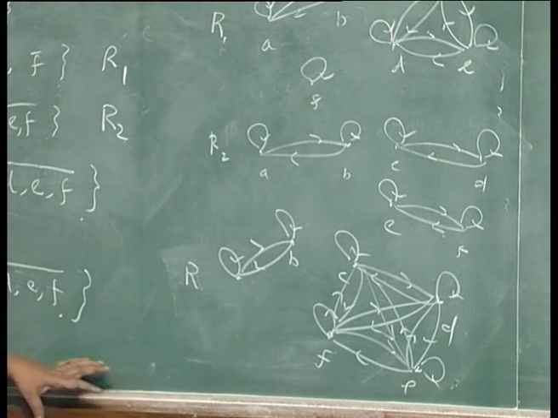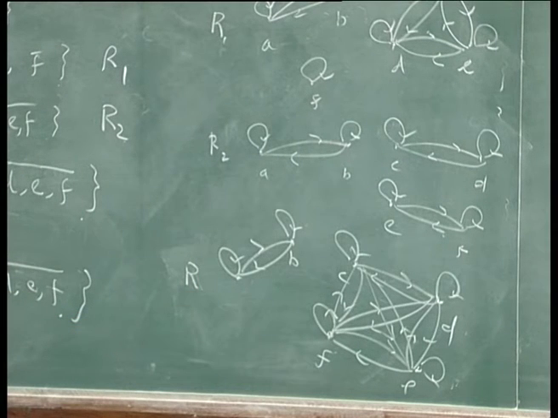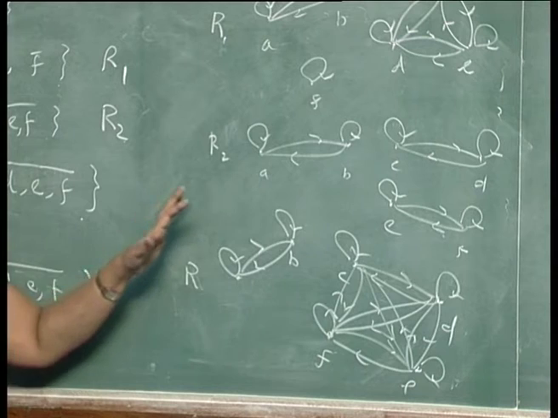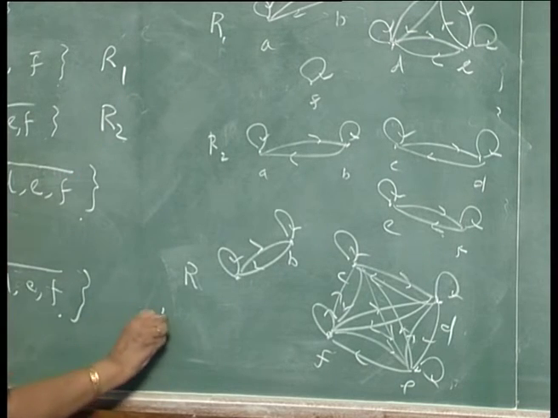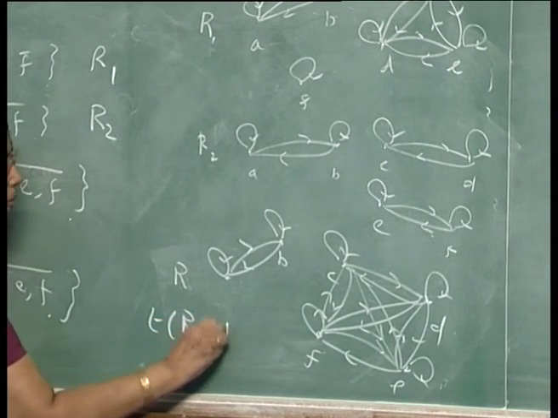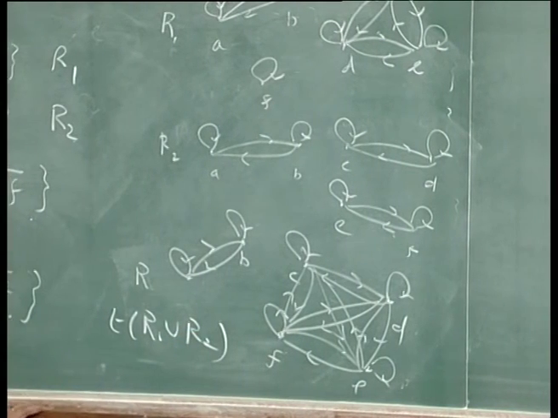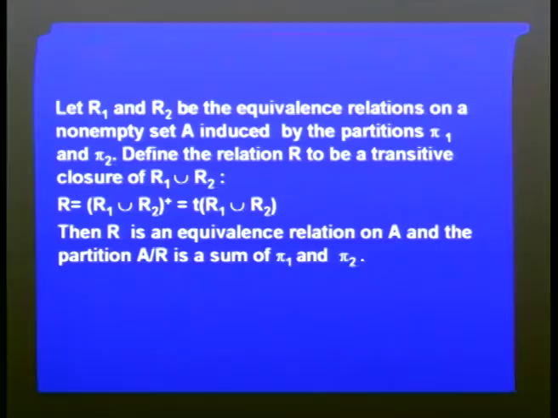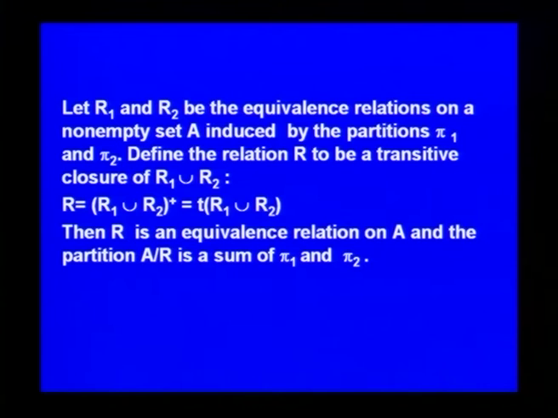This is the equivalence relation R induced by pi, and it is the transitive closure of R1 union R2. If you take the transitive closure of R1 union R2, that is the equivalence relation induced by the sum partition. R1 union R2 plus equals T of R1 union R2. Then R is an equivalence relation on A, and the partition A bar is the sum of pi 1 and pi 2.